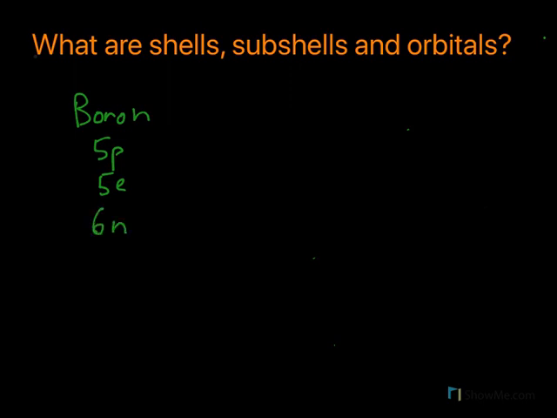Okay, so let's draw out the atomic structure of boron. Again, the nucleus is going to have inside the protons and neutrons. So inside a boron nucleus is going to be 5 protons and 6 neutrons.